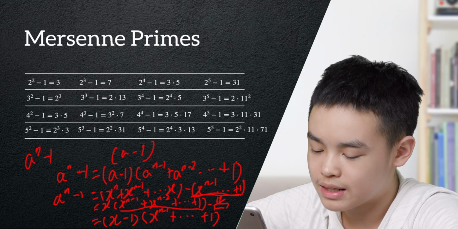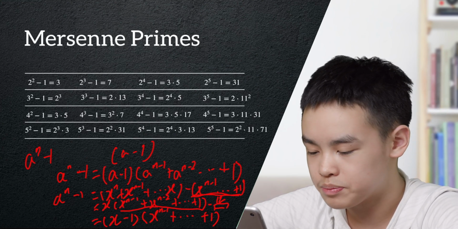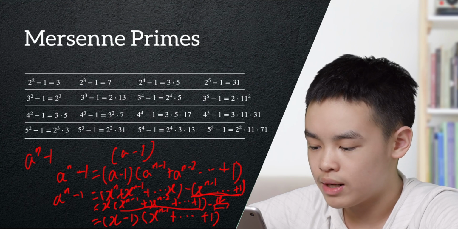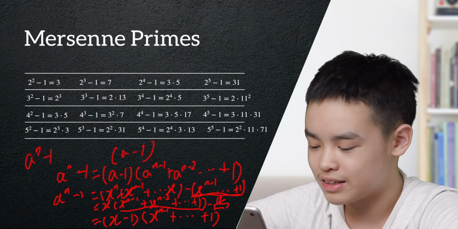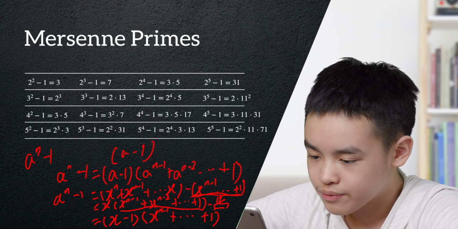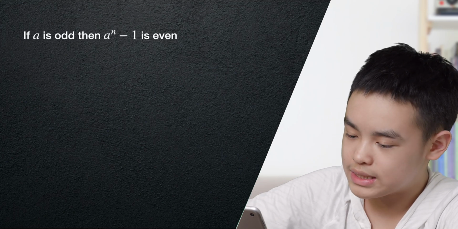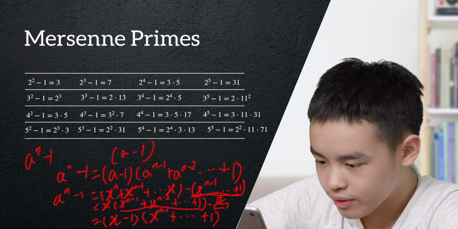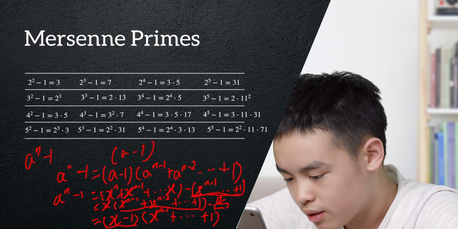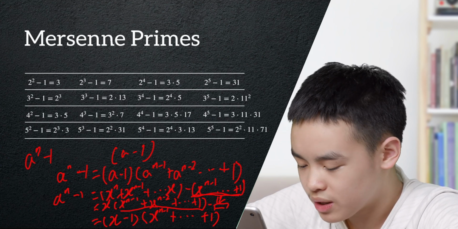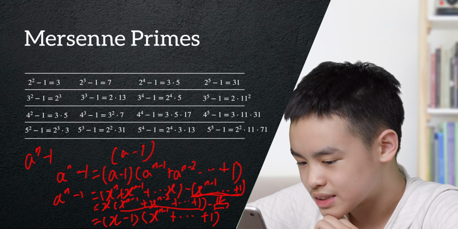We have found that a to the nth power minus 1 will always be divisible by a minus 1, or x minus 1 if you want to call it that. So, we found this ages earlier, and we had also found that it can always be divisible by x minus 1, and a minus 1.